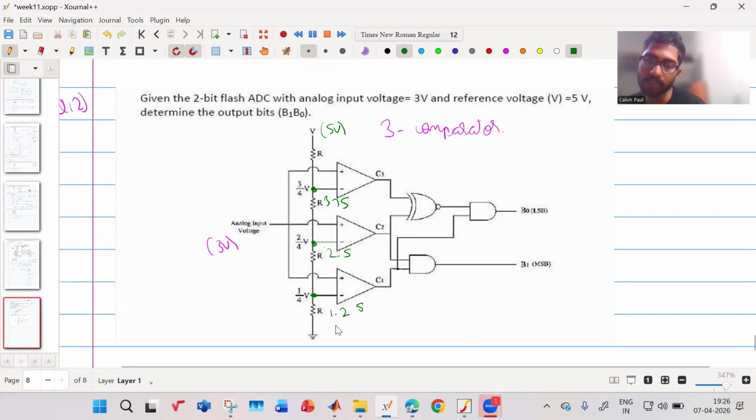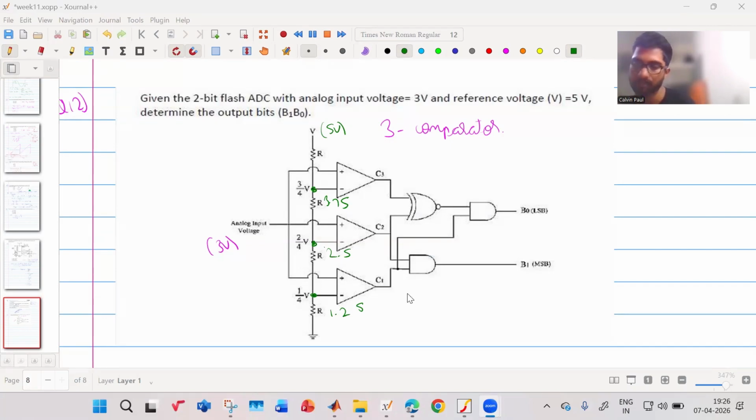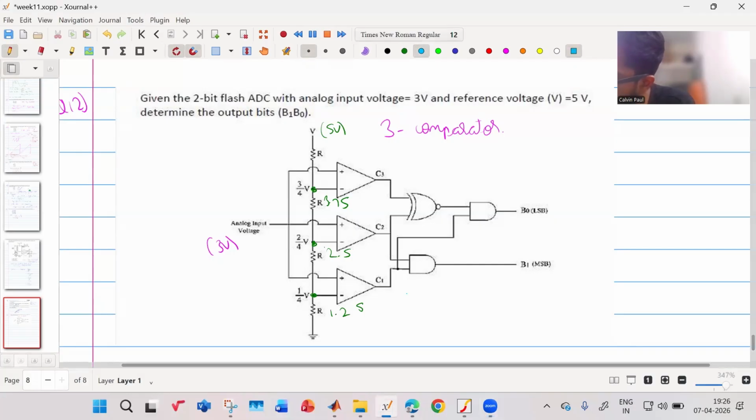So now what will be the values of C1, C2, C3? Will it be high or low? What will be C1? Your input voltage is how much? It is 3 volt. So here it is 3 volt, here again 3 volt, here again 3 volt.